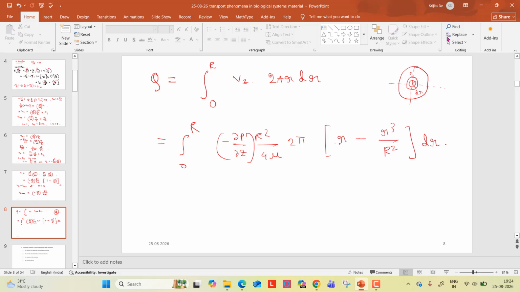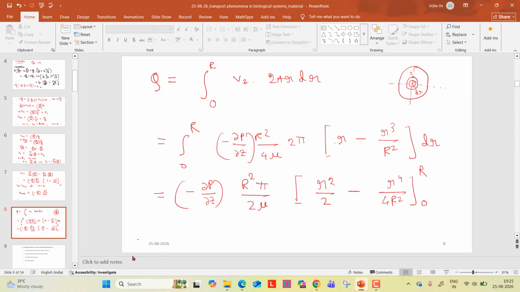Now you can say what will be coming. This term is constant, you can take it out. Minus del P del Z, r square pi by 2 mu. Then it will come as r square by 2 minus r to the power 4 by 4 r square, and it will be integrated from 0 to r.